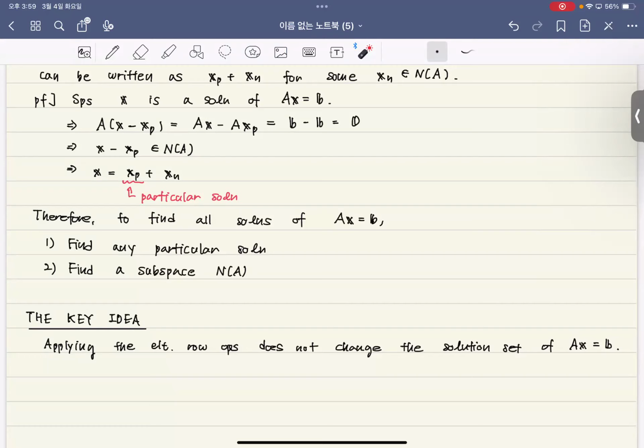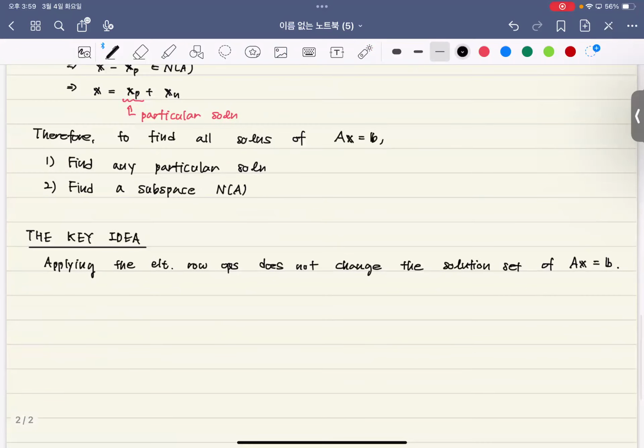The same trick can be applied to this equation, but this time there is one difference. A may not be a square matrix. A can be any rectangular matrix. So we will need to develop an idea or algorithm that is also applicable to non-square matrices, but with almost the same idea.